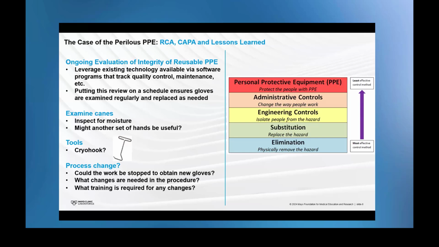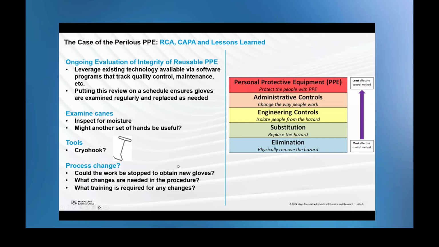So in this case, we have to protect the worker who is at some point inevitably going to touch this very, very cold stuff. And in some labs, here at Mayo, we have a software solution for quality control and preventive maintenance that could be used to set up a periodic reminder to assess the quality of the gloves. Even if your laboratory is still recording this information on paper, perhaps reusable PPE could be added to that checklist.